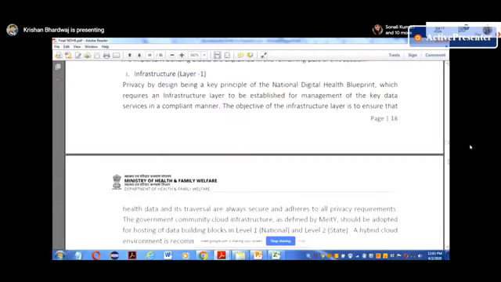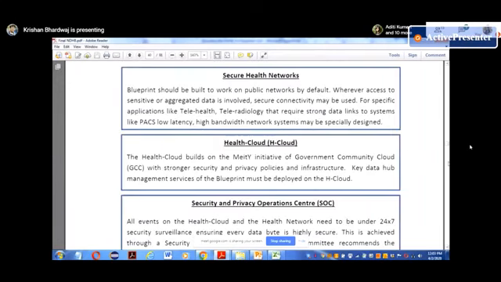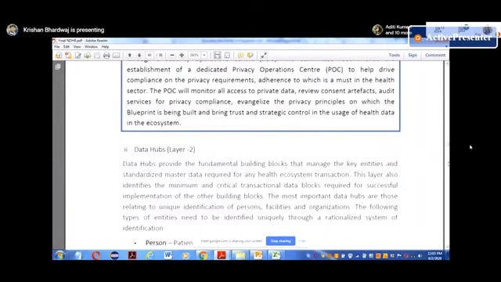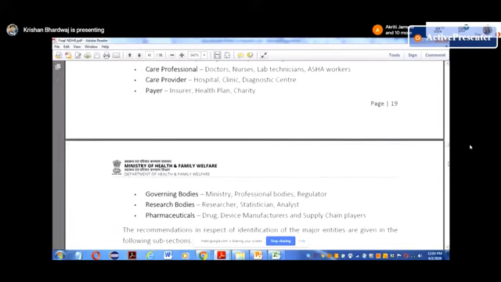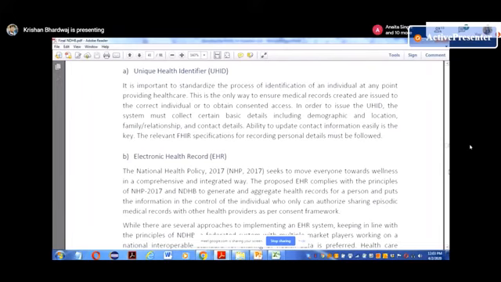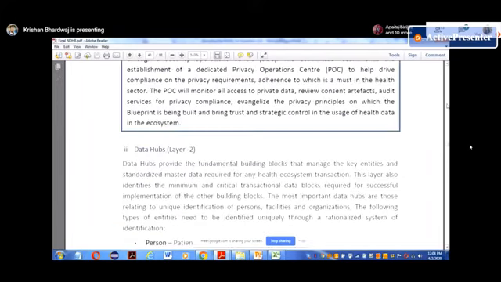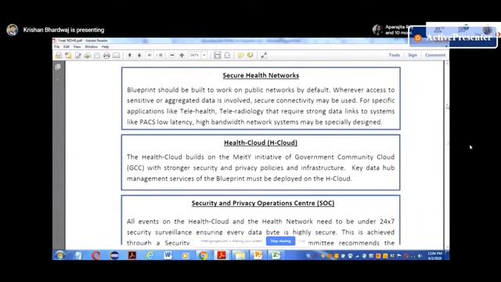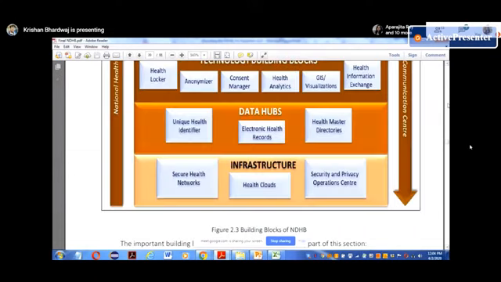Any observation, any question? If MeitY has to do it, then why are we pushing MoHFW for the registries? Yeah, so those are the open questions.